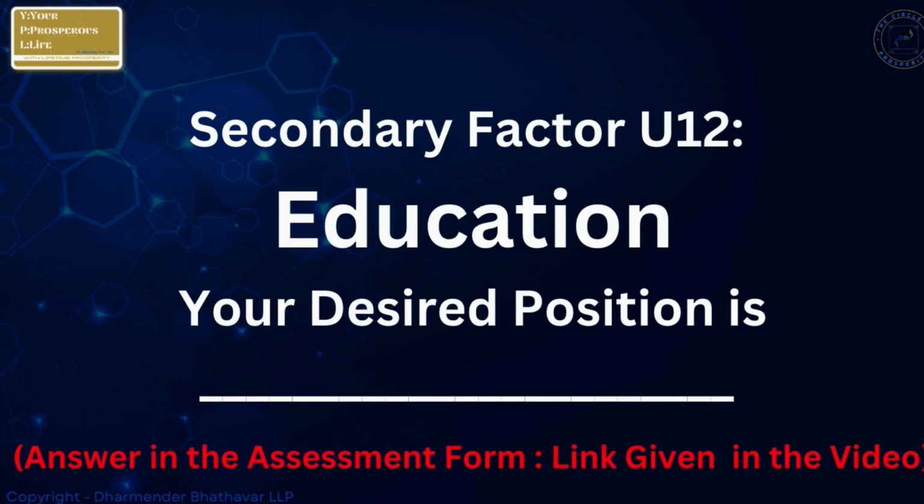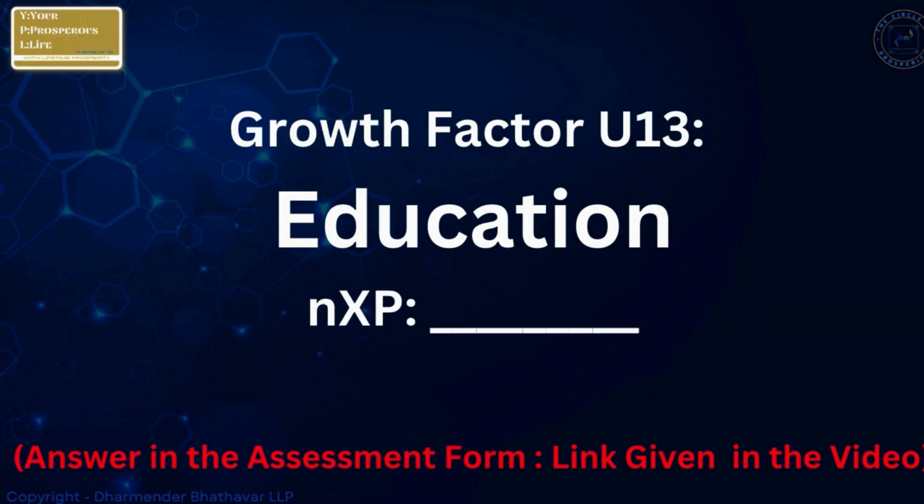Make note of it, and as explained in the earlier slides, what would be the growth factor for education? So what is your nXP? It is your desired position minus your current position. Suppose you want to move from quadrant 2 to quadrant 3, that is 3x minus 2x is 1x. But if you want to become a doctorate or PhD personality, then the nXP will be 4x minus 2x, that is 2x. So make a note of this in this particular order.